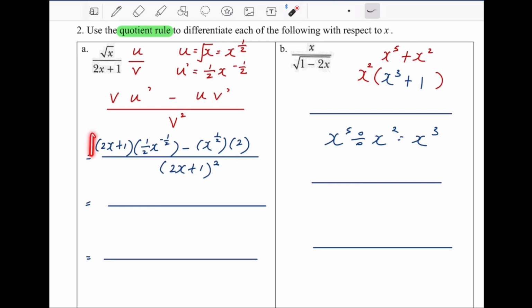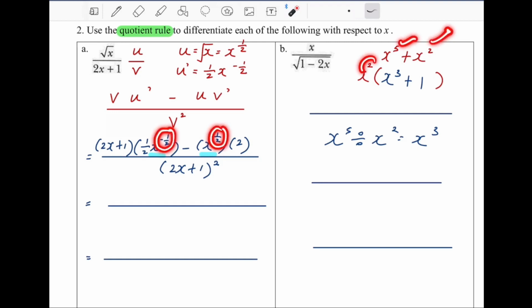Now I want you to pay attention to the numerator part. Compare the first part to the second part. Is there any common factor? x. That's a common factor of x. However, this x and the other x have a different power. So what is the highest common factor?